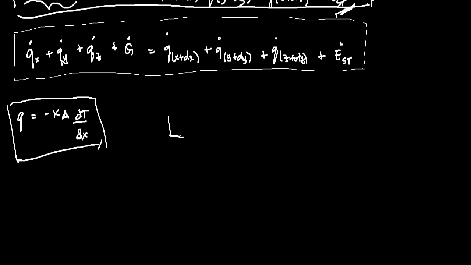So using the x, y, z axis of this rectangular coordinate system, we have this x, y, z, right? So we have this element.